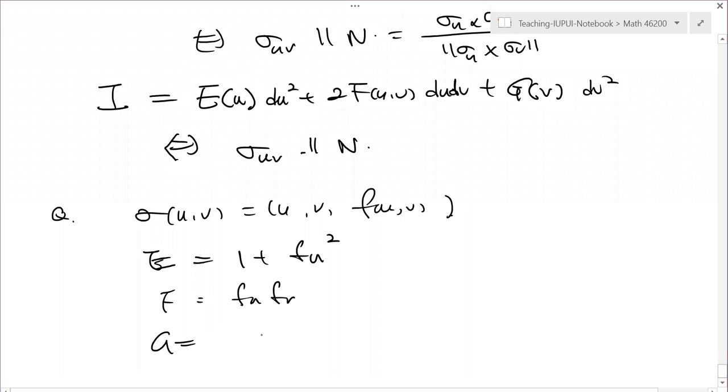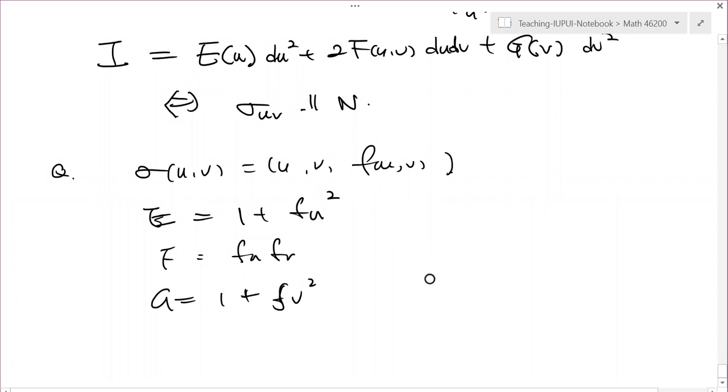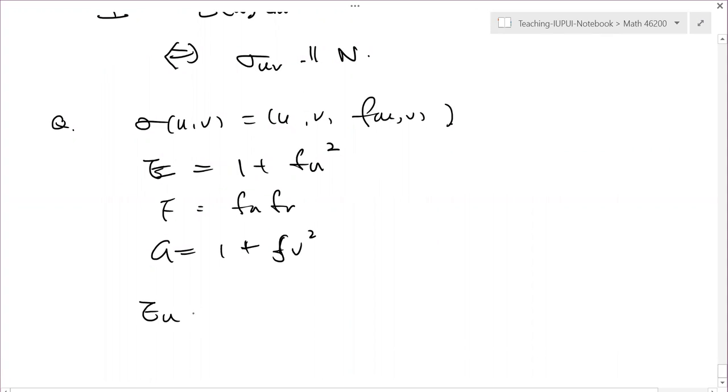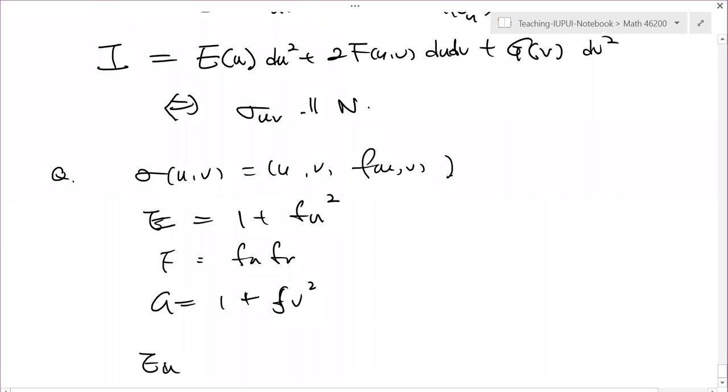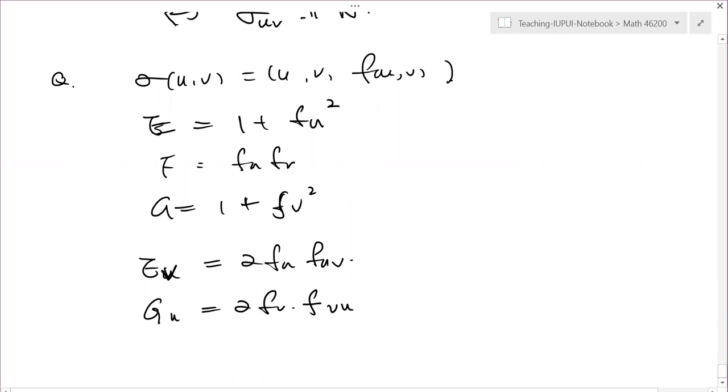G is going to be 1 plus f_V squared. For this case, it's harder to get. Okay, E_V is going to be twice f_U f_UV. So G_U is going to be twice f_V f_VU, okay?